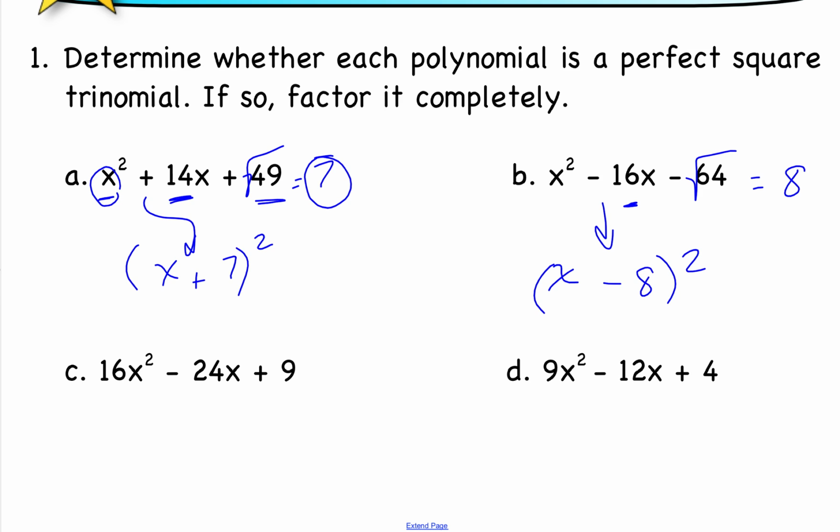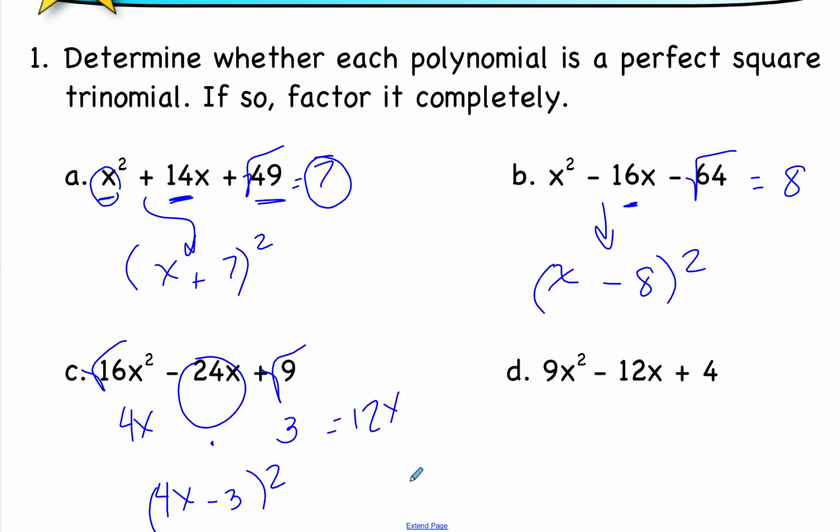the quantity squared. Over on letter C, if we take the square root of the first term, we get 4x. And the square root of the last term, we get 3. Now when we multiply those, we get 12x, right? But when we double it, we do get the 24x that we're looking for. So this would factor as 4x minus 3, the quantity squared.